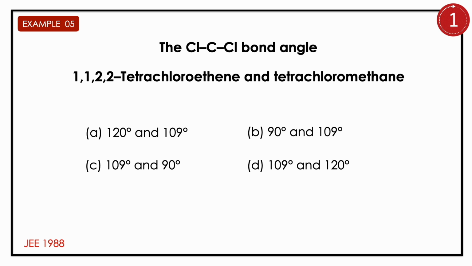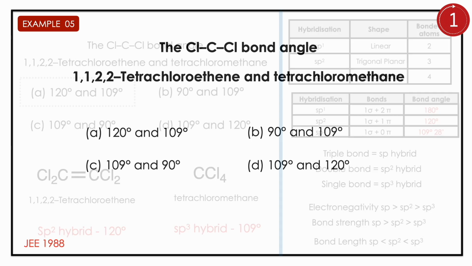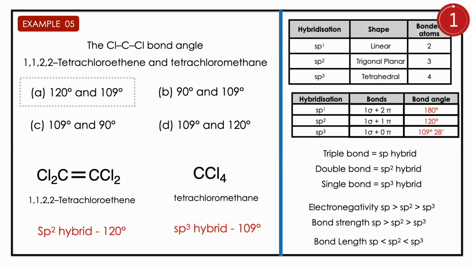So you should know the bond angle of the two compounds. Here to identify the bond angle, you should know the name and name to structure. Here 1,1,2,2-tetrachloroethene means alkene with 4 chlorines. Tetrachloromethane means just methane with 4 substitutions.